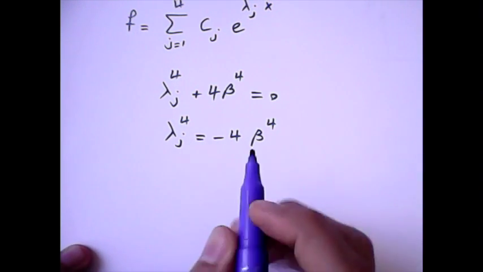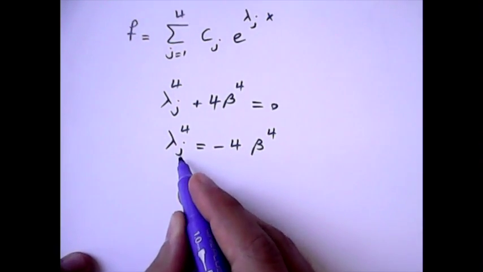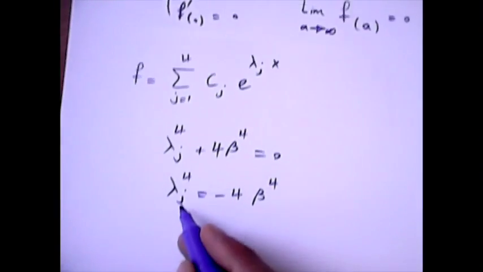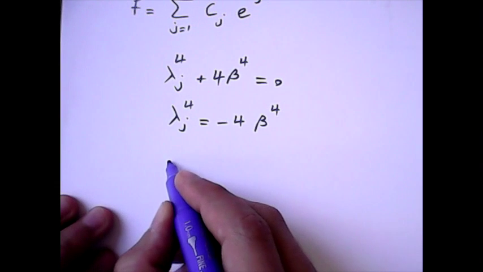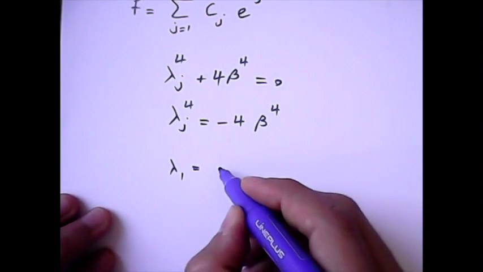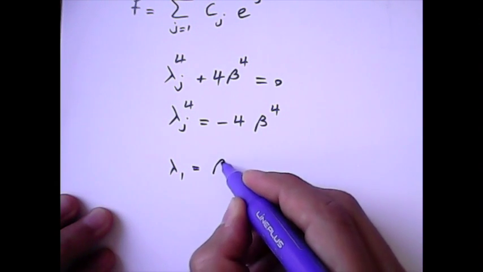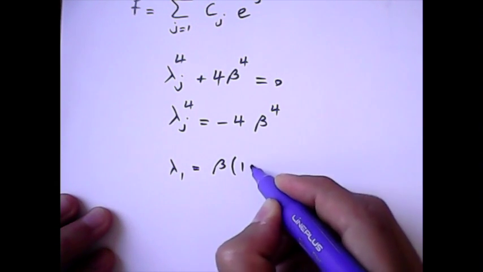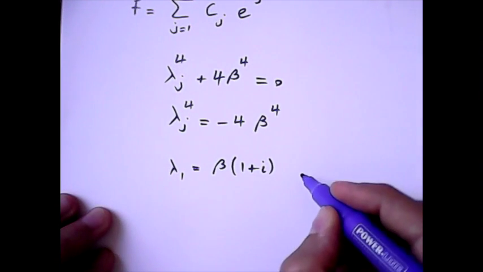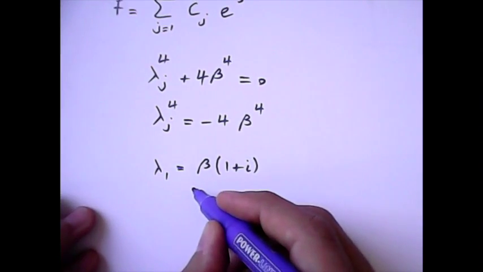We'll have 4 lambdas, by the way. So j, there were 4 j's. J goes from 1 to 4, so we'll have 4 lambdas too, rest assured. Lambda 1 be equal to beta times 1 plus i. And I could write everything here.